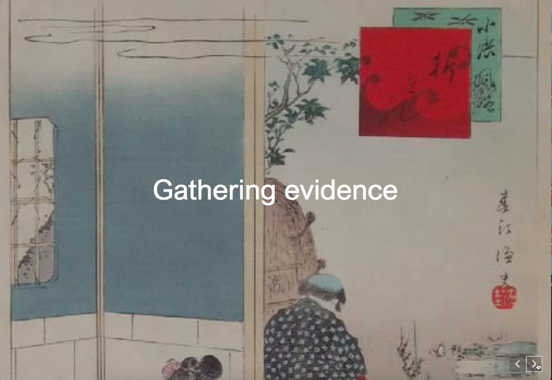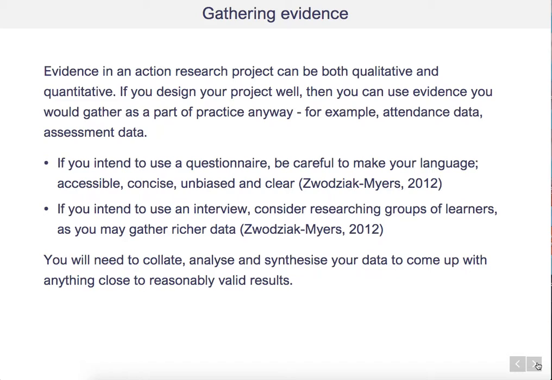Now, at some point in any research project, you'll need to gather evidence. So, evidence in an action research project can be designed to support the project itself. It can be qualitative or quantitative or both. And if you design your project within your own framework, so for example you're looking at a teaching project that looks at your own practice, then design things so that you could use evidence that you'd gather anyway, so attendance data or assessment data.